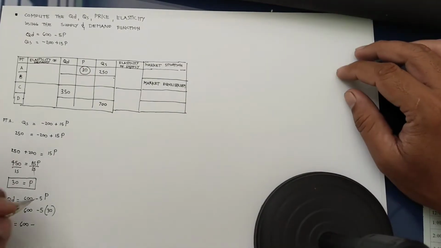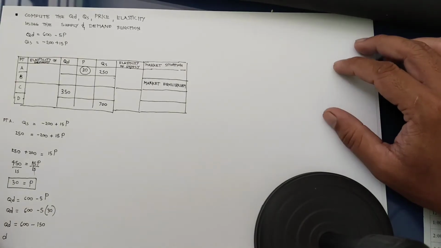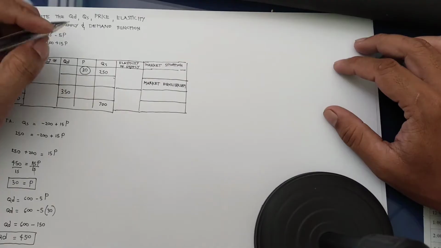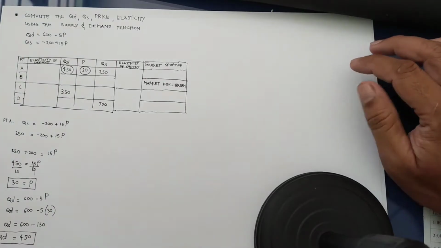So we have 150. So QD is equals to 450. So our QD is 450. So that is now our QD.